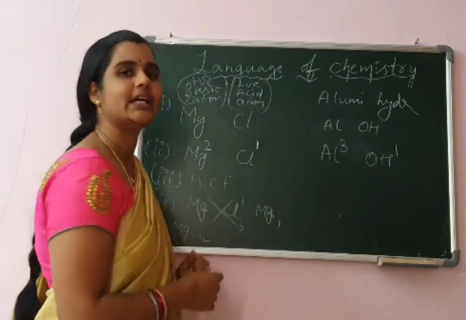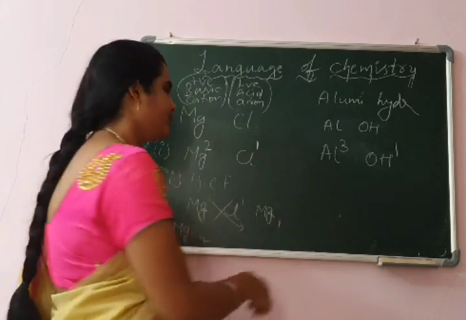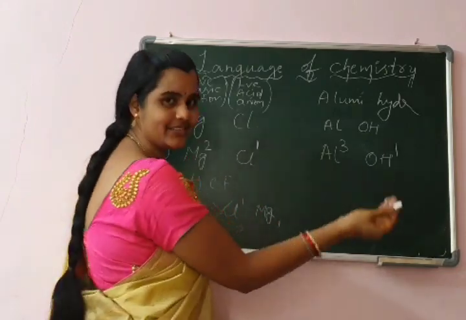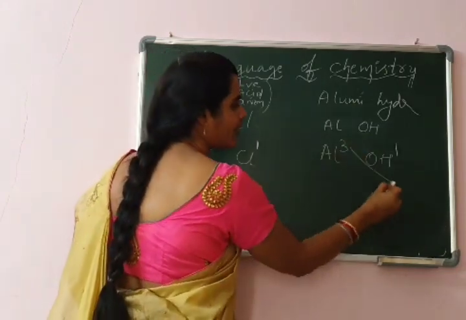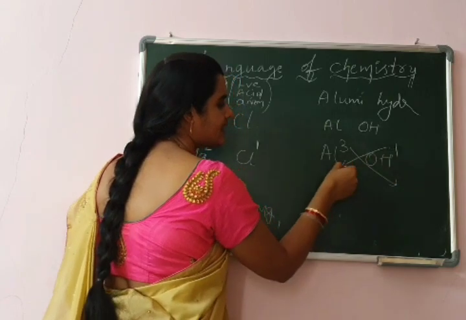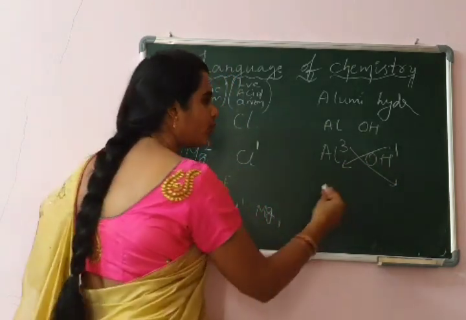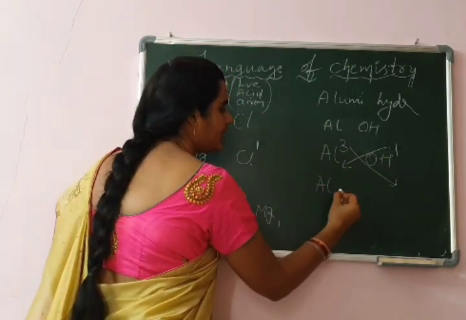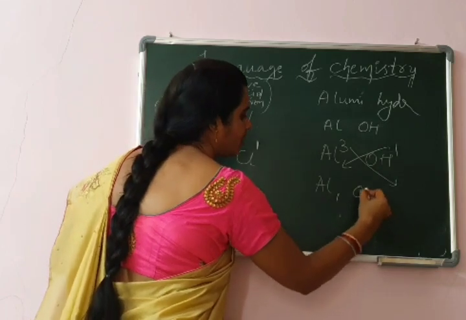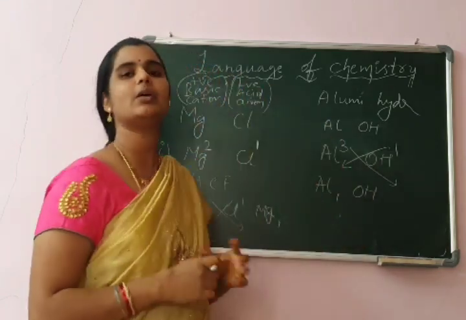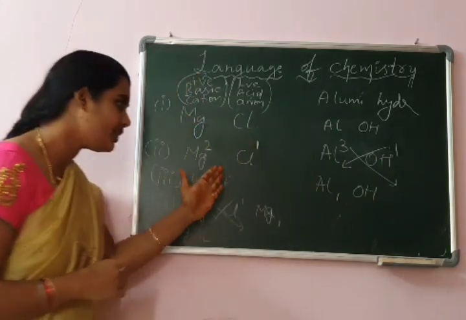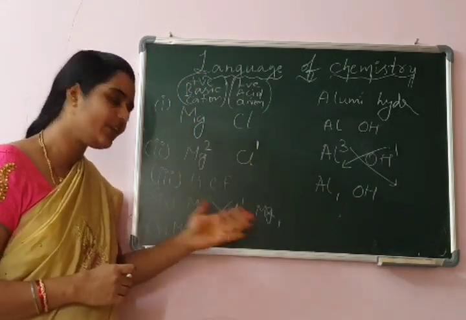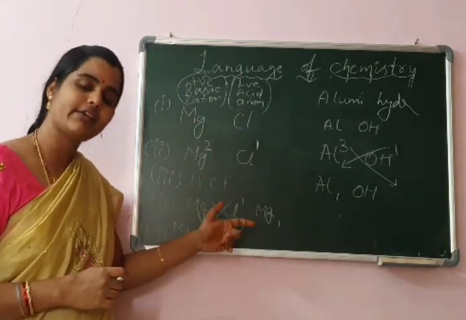Now let us crisscross them. The next step is to crisscross, so you write the valencies here. If you write, what happens? Aluminium 1, hydroxide. Now here the problem arises. Here it is a simple radical, chlorine, so you wrote 2 as a suffix easily.